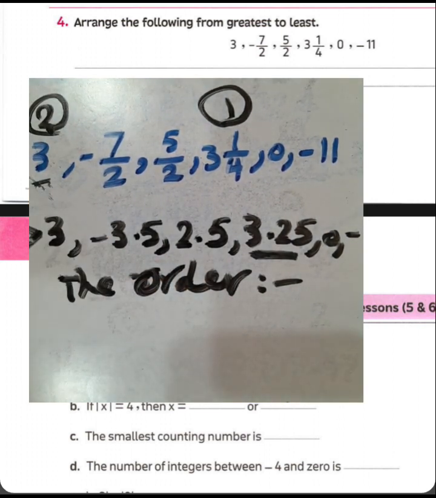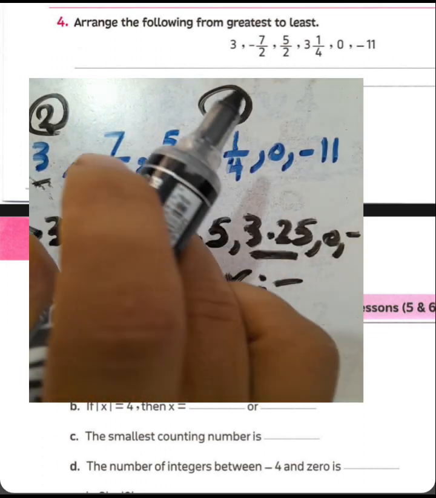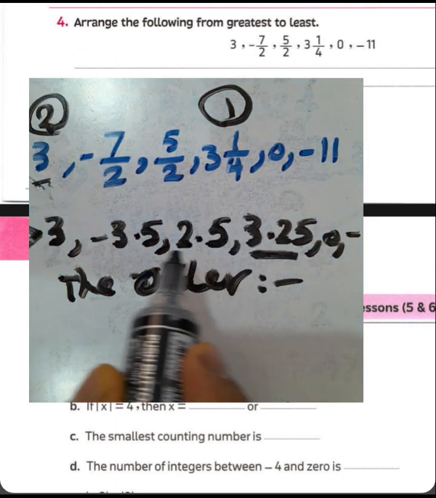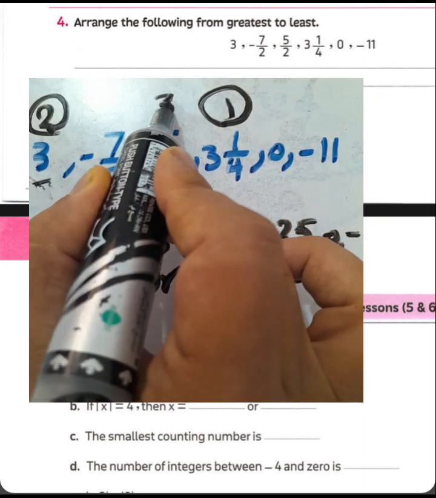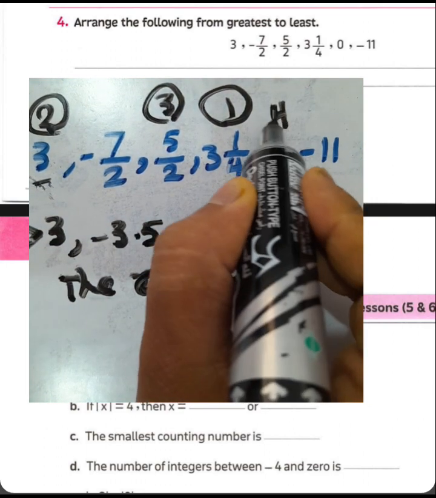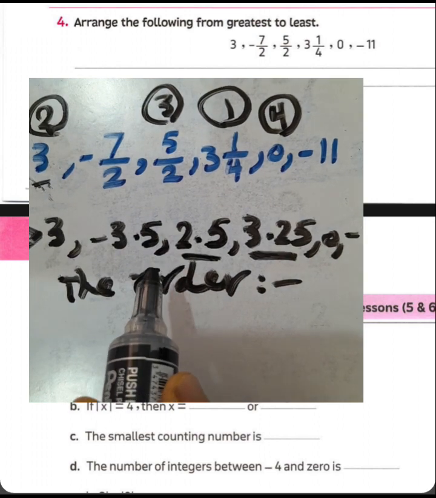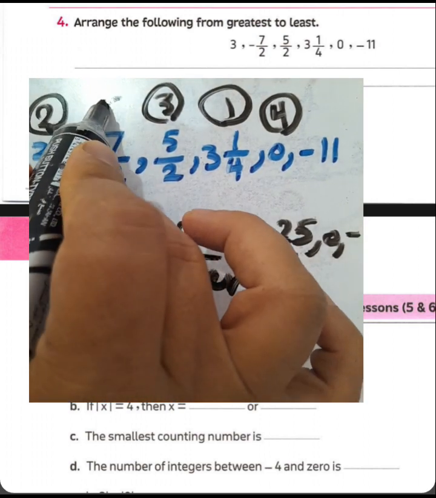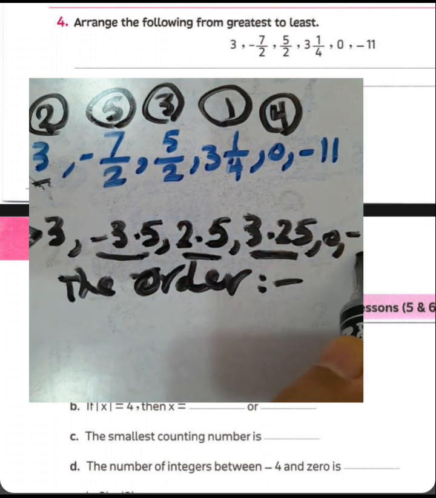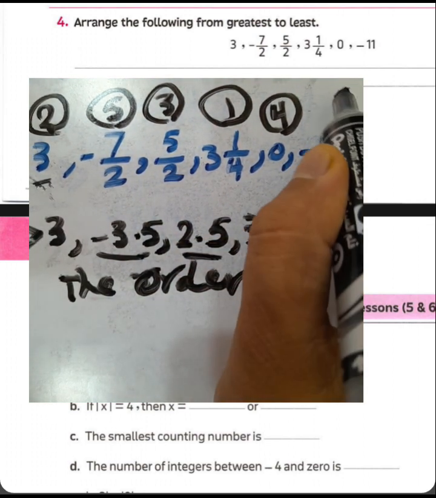But we have here 5 over 2 equals 2.5, don't forget 2.5. Then 0, and then negative 3.5, and the last one will be negative 11.